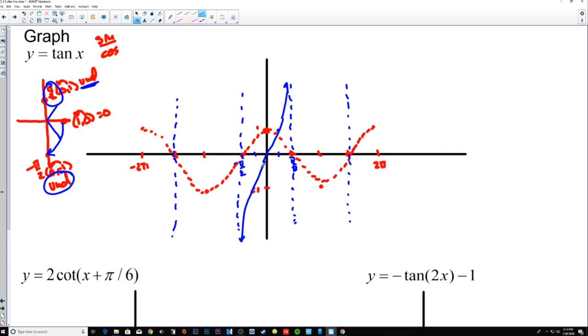So there's one period of tangent. So every time we go in between these asymptotes, that's another period of tangent. So it should be this nice smooth curve. And then going up to infinity and down to negative infinity here. And then there's going to be another half a period at the end here.